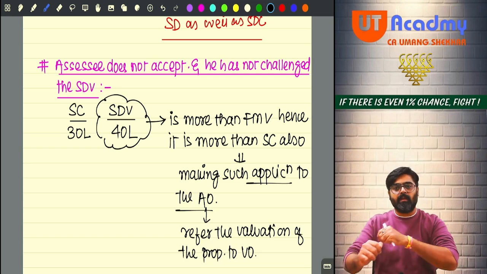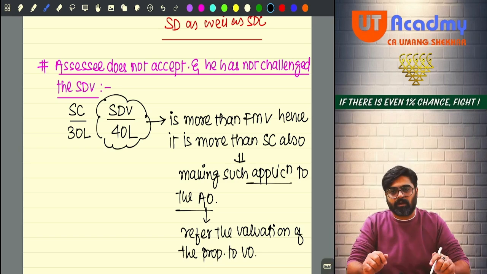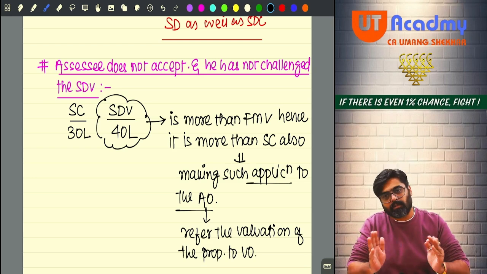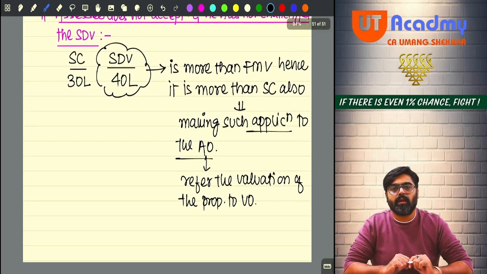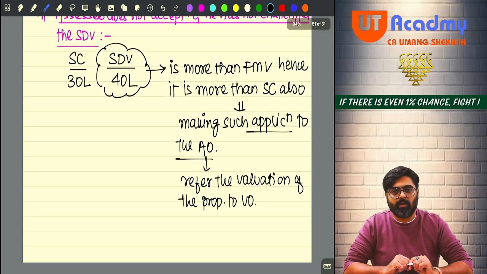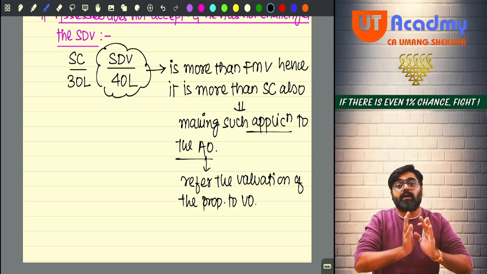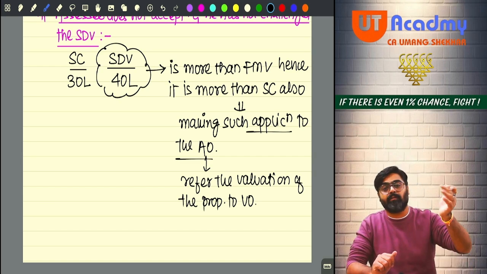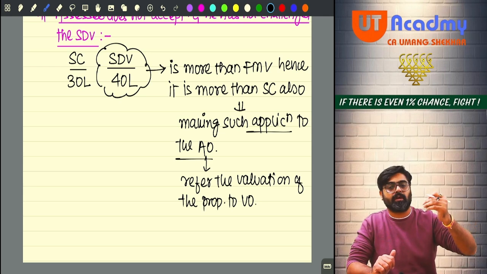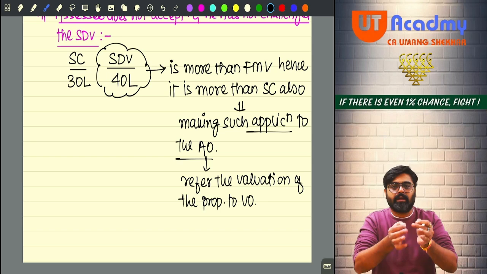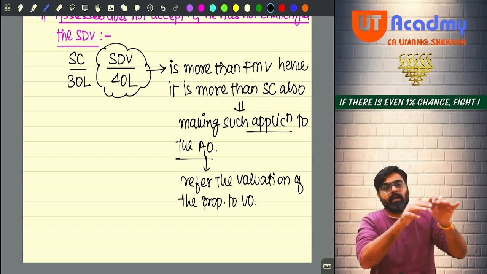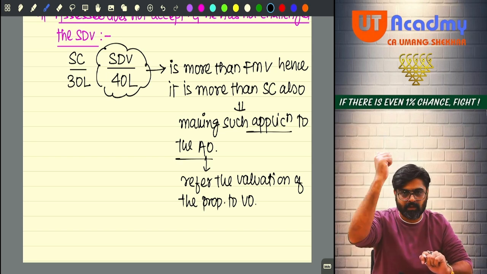So he takes the help of the department's valuation officers, who are experts in determining the value of any asset. So on the application made by the assessee, the AO will make a reference to the VO. He will tell the VO, please come here, take the details of this property and determine the value of this property sold by the assessee.